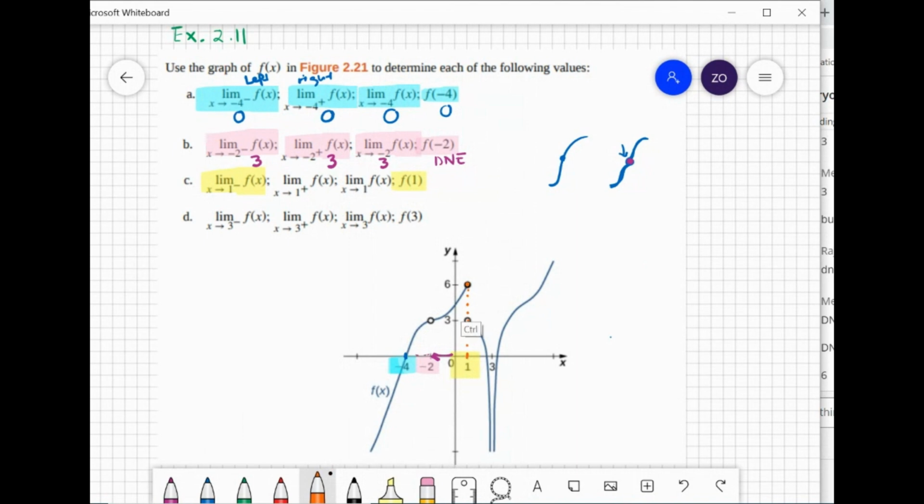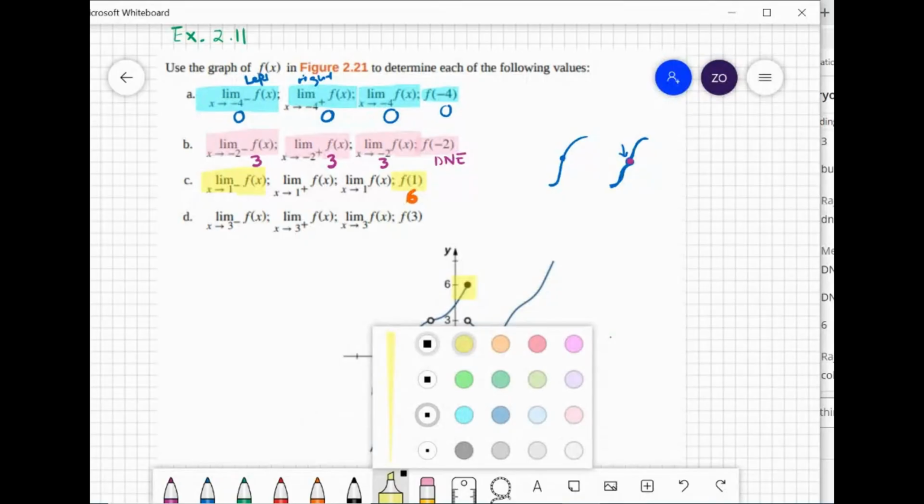So this is like a piecewise function. It has different pieces. It breaks here, so there is a break in here, right? So we can say f of 1 is equal to 6. So what would you say a colored circle means? That's right. A colored, filled circle means it is defined. An unfilled, empty circle means undefined.